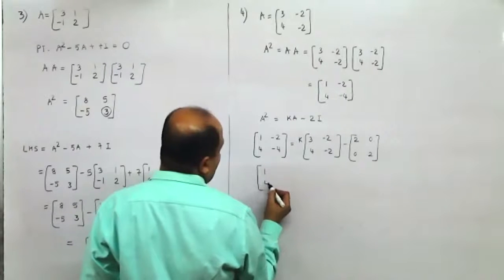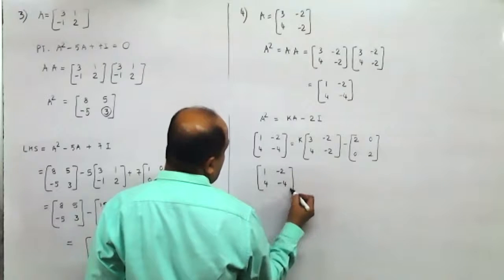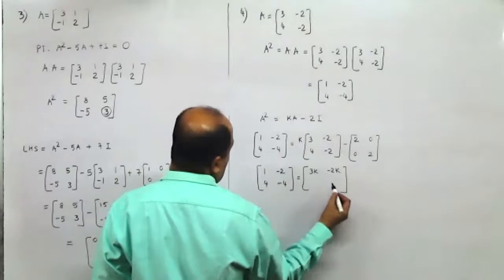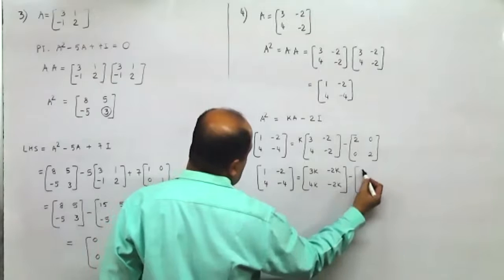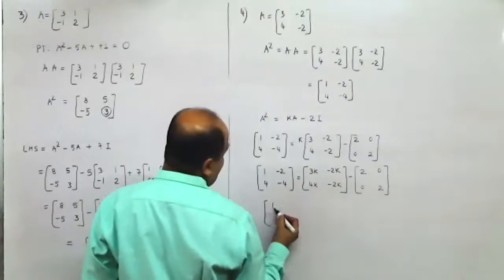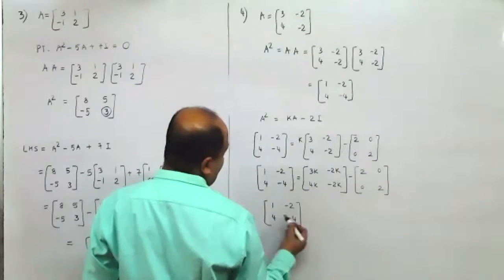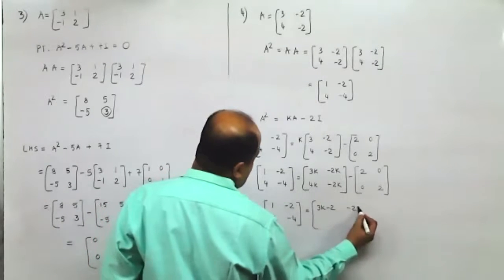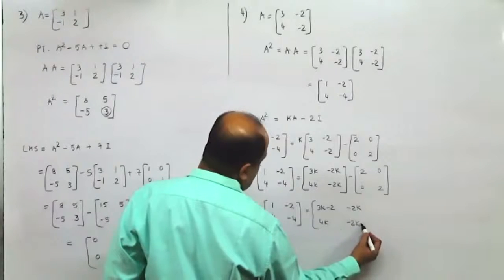So this would be 1 4 minus 2 minus 4 equal to, this would be 3K minus 2, 4K, and this would be minus 2K minus 2.